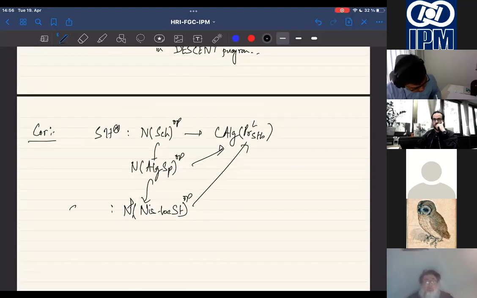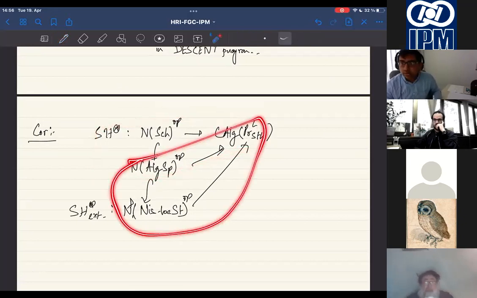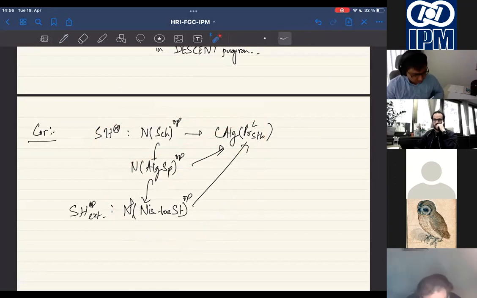And this functor we call SHE. So in order to do this, we use this theorem twice. At first we extend from here to here, and then we extend it from here to here. And that's what SHE is.